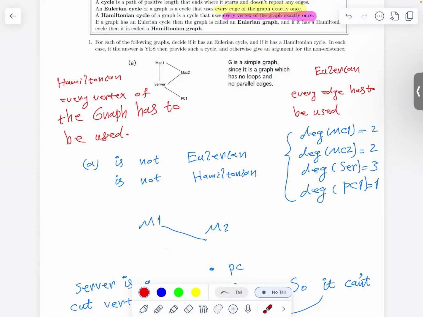So it has both Eulerian and Hamiltonian path.